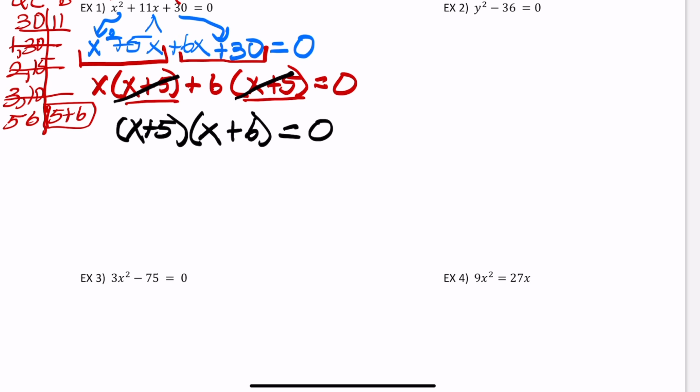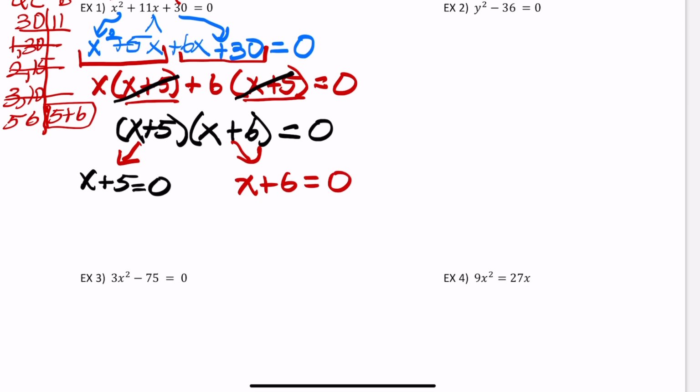So now I have two things being multiplied together, and they equal 0. That means either this binomial, x plus 5, equals 0, and we'd have 0 times whatever x plus 6 is, which gives us 0, or this binomial, x plus 6, equals 0.